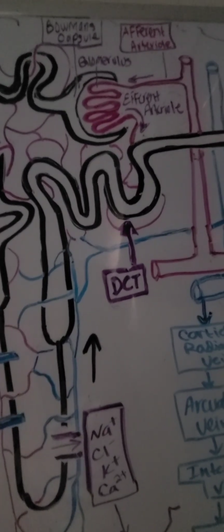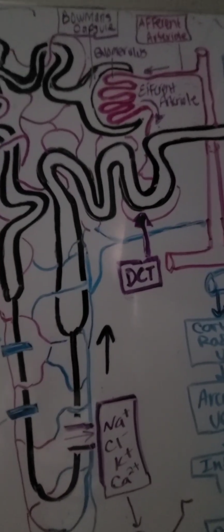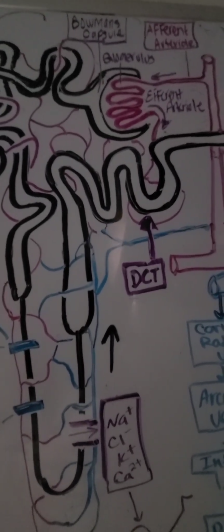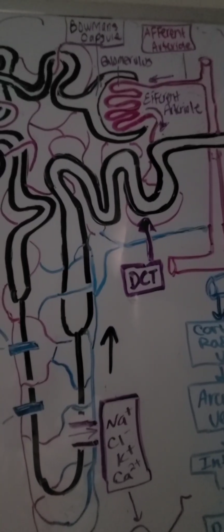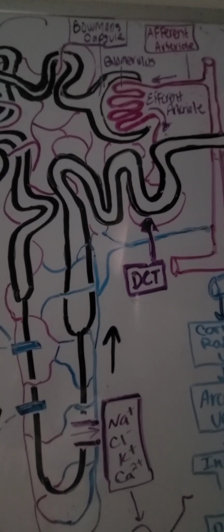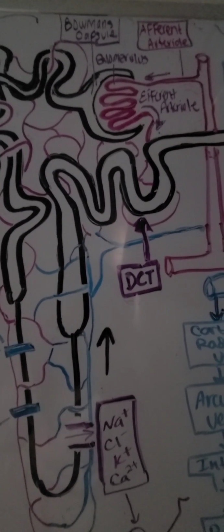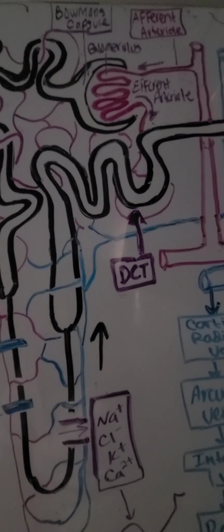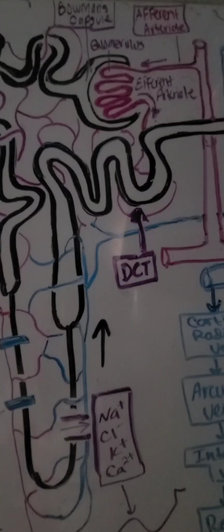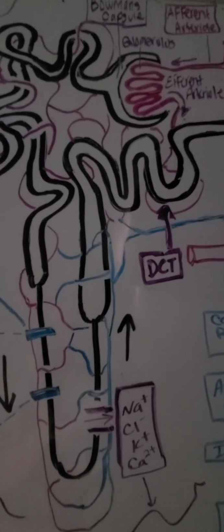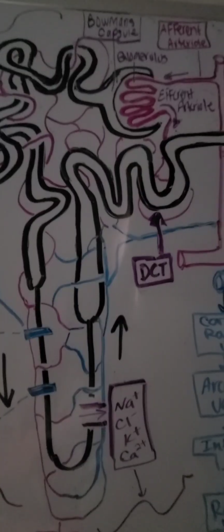And this increases blood volume. And so the increase in blood volume and the increase in blood pressure stabilize, bringing the low blood pressure back to normal blood pressure levels.